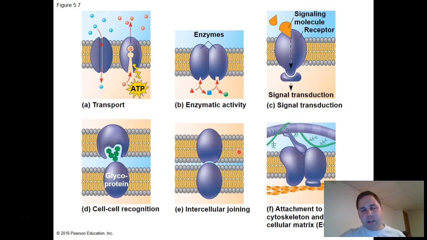We can do intercellular joining, and we'll talk about this at the very end when we talk about some of the stuff back from 4.6. Basically, two integral membrane proteins can fuse, causing two cells to also fuse. And as I mentioned on that first figure, we can use integral membrane proteins to attach the cytoskeleton to the extracellular matrix so that we can have connections between structures both inside and outside of the cell.